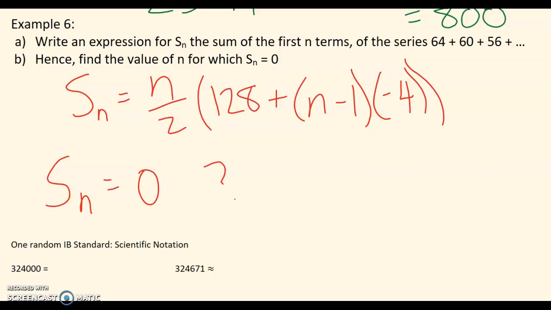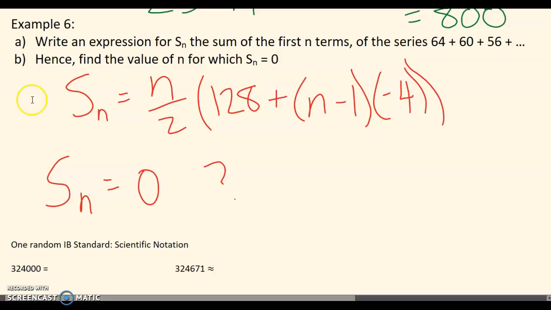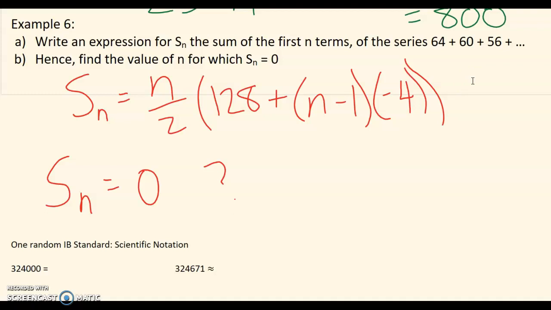So what I would do is just immediately plug this expression right here into y equals on your calculator. And then just use the table to find when it equals 0. So let me do that real fast.